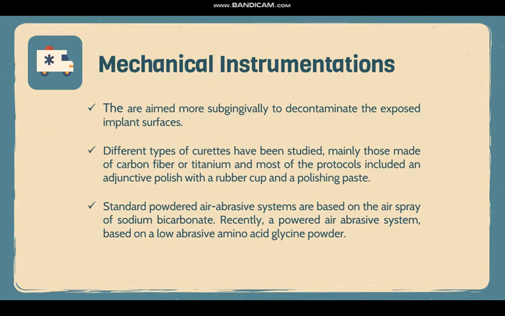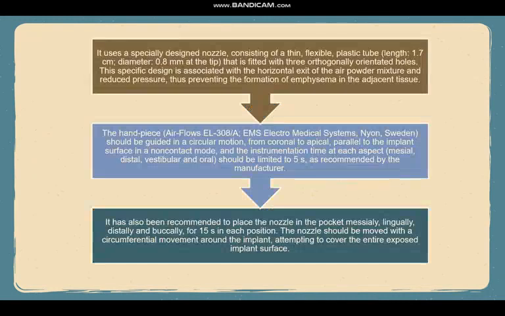Standard powered abrasive systems are based on the air spray of sodium bicarbonate. Recently, a powered air-abrasive system based on low-abrasive amino acid glycine powder has been used. It uses a specially designed nozzle consisting of a thin, flexible plastic tube, length 1.7 cm and diameter 0.8 mm at the tip, with three orthogonally oriented holes.